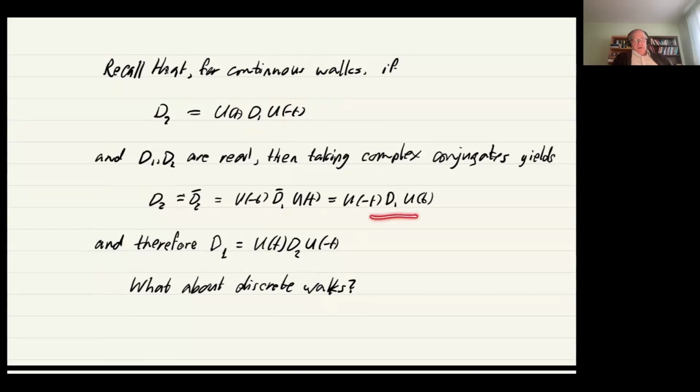So we have this equal to this, and then you move the U's over to the left-hand side, and you've deduced that if you have transfer between real states D1 and D2 at time t, then you get transfer from D2 to D1 at time t. Okay, so we have this symmetry property, and that implies periodicity, and we can do a lot with it. So this is quite useful.